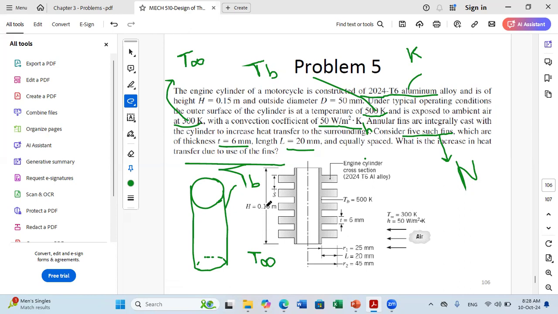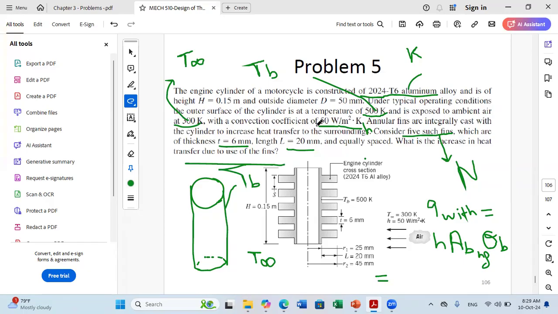So you can say that Q without fins, the heat loss if I don't have fins, is just equal to the convective coefficient h times the total area of the base, A base, no fins, because it will vary. When you put fins, you will have a part covered by fins. Times theta base.